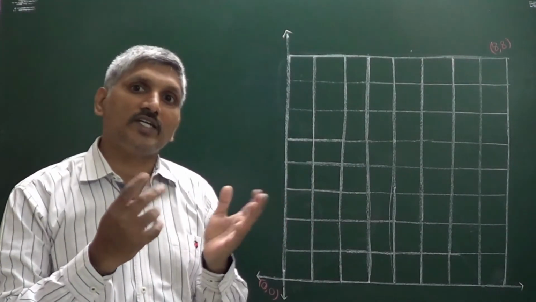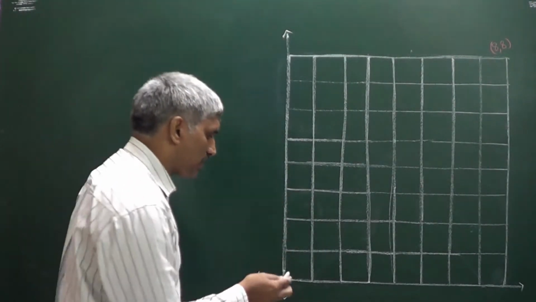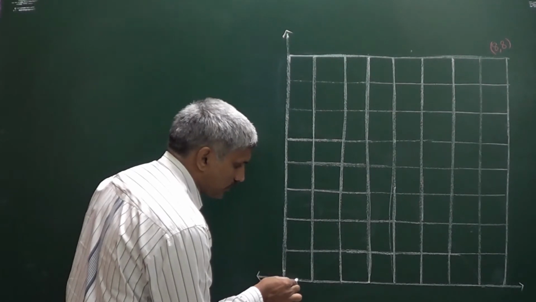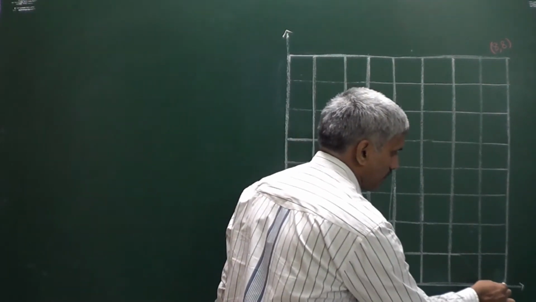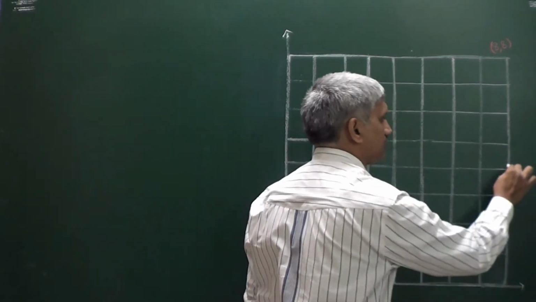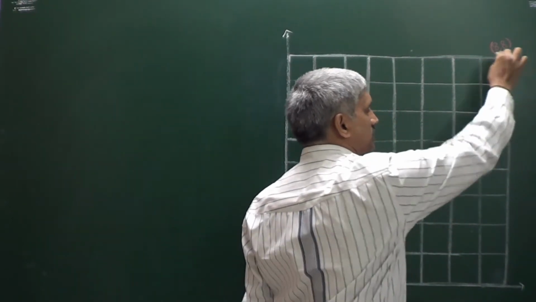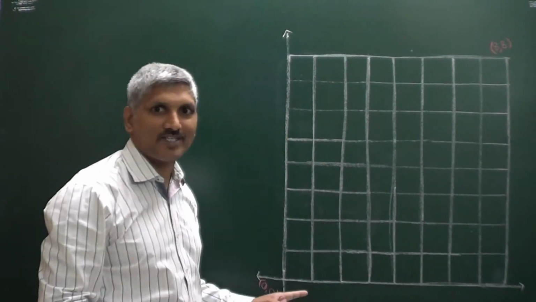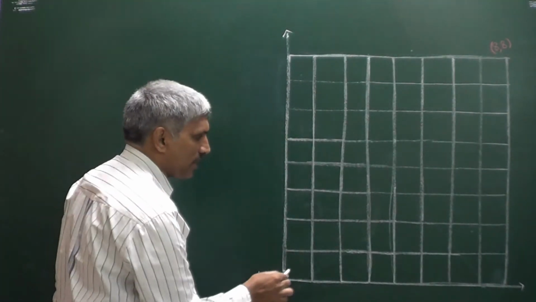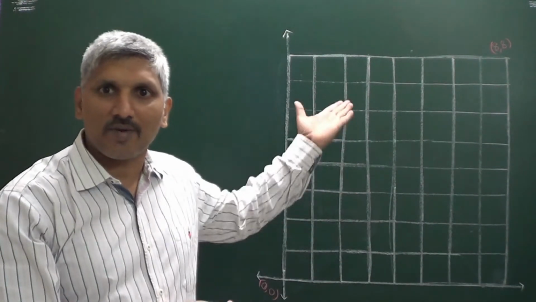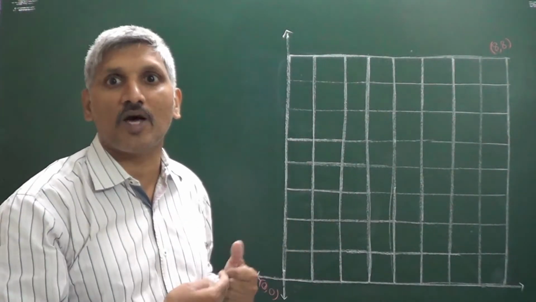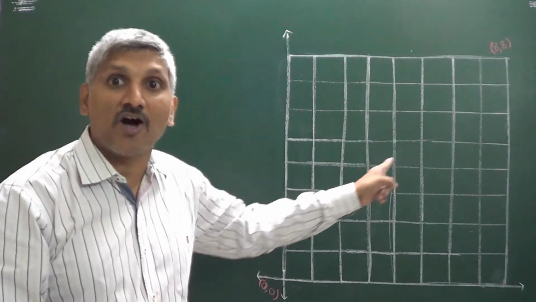So what are the different types of path? No doubt you can observe here, this is the way he can reach, that is the shortest path. At the same time, you can't say, sir, he can go along the diagonal. Where there is a path? These are the lines which are appearing. These are the only paths. He has to travel along those paths only.